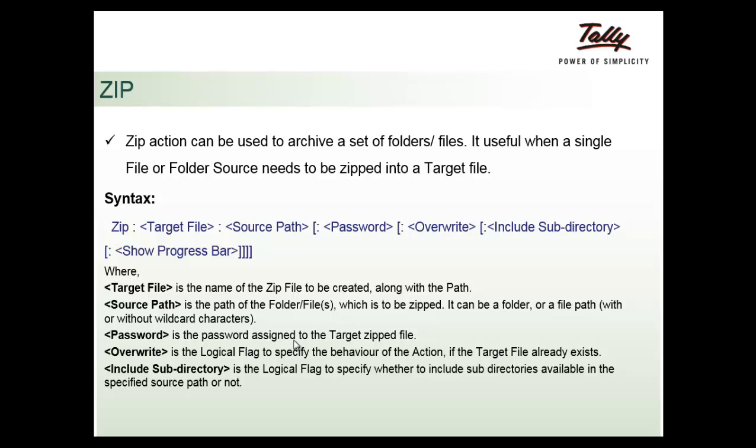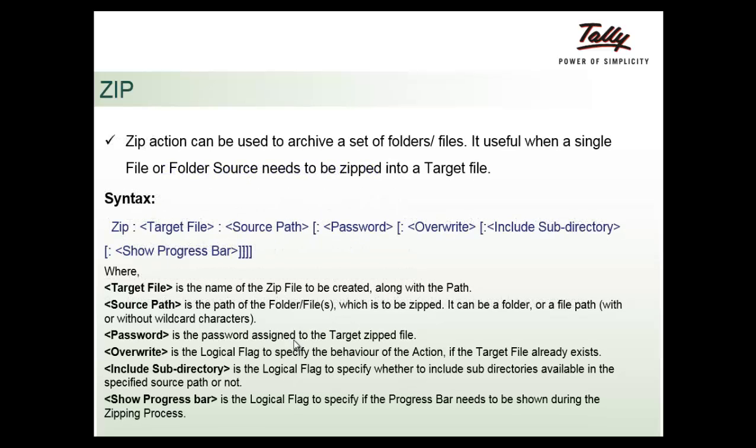So if you say star.txt and include subdirectory is yes, then all the text files in the folder and the subfolders will get zipped. And if include subdirectory is no, then only the files in the folder will get zipped, and those in the subfolders will be ignored.